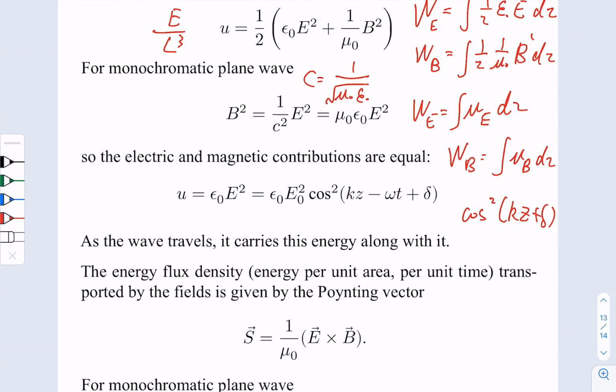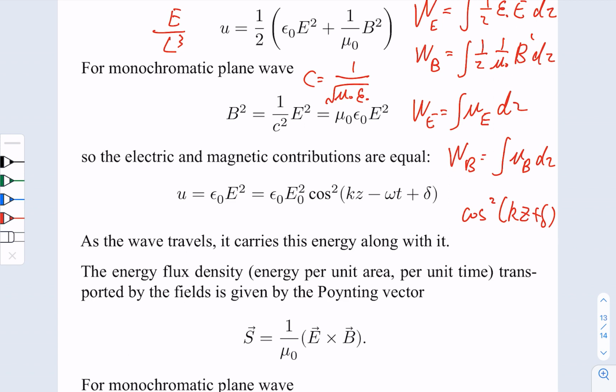Now what we have here is the energy density, so the energy in a unit volume. Not only is energy carried by the wave, it also has an energy flow.